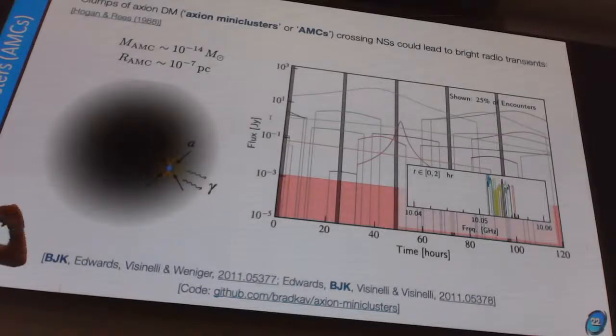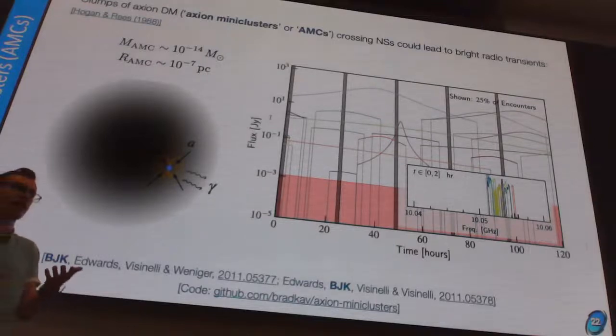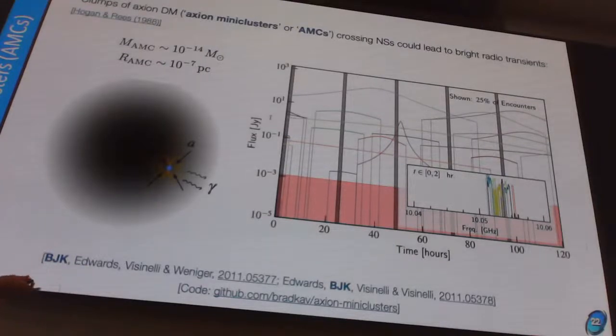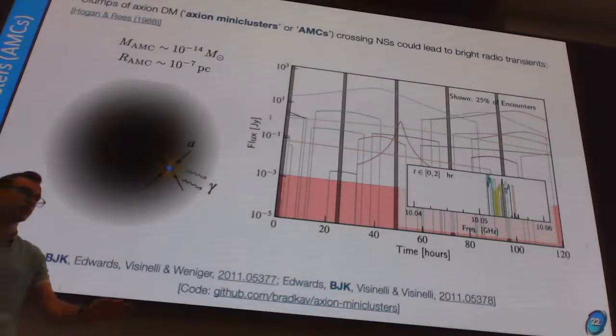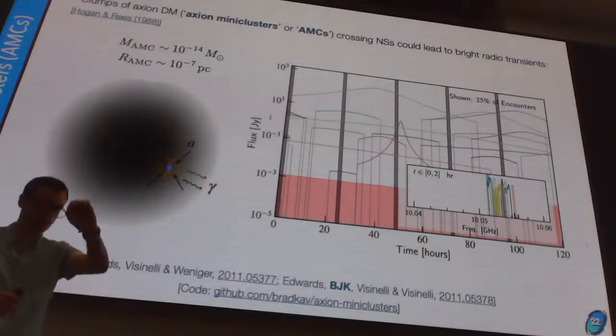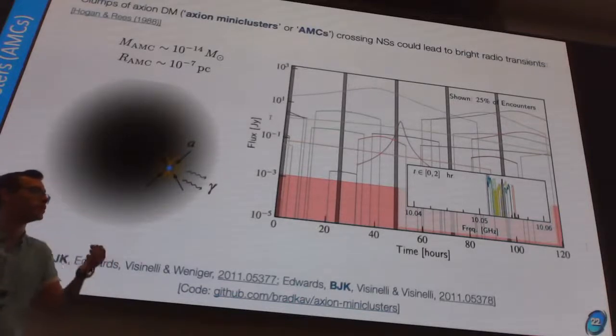So at the minute, we're thinking that throughout a whole galaxy like the Milky Way or Andromeda, we're probably talking on the order of 10 encounters between a mini cluster and a neutron star per day. That's summed over all possible neutron stars. That's not looking at one specific neutron star. It's looking at the whole population.